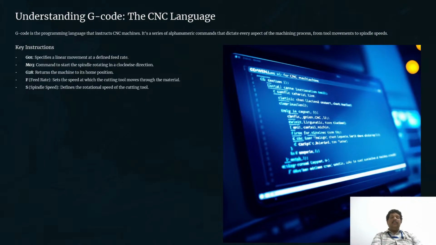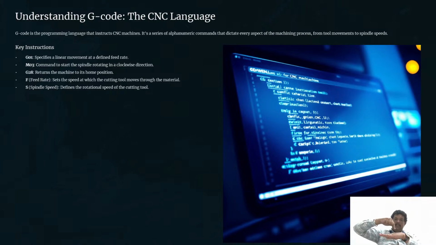Now, let's see G01. What is G01? G01 tells the machine that the cutter has to go in a straight line, a linear movement, at a fixed speed. We will just tell the machine to go to this depth.